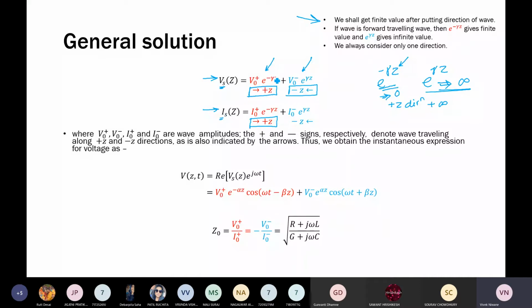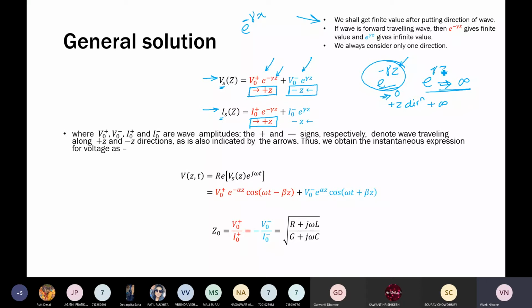Whenever we have e raised to minus gamma z, it indicates the positive direction wave. z is the direction of your wave. I can also write x there. It indicates that your wave is traveling in the x direction, and whenever we have minus gamma x, it represents that it is traveling in the positive x direction.